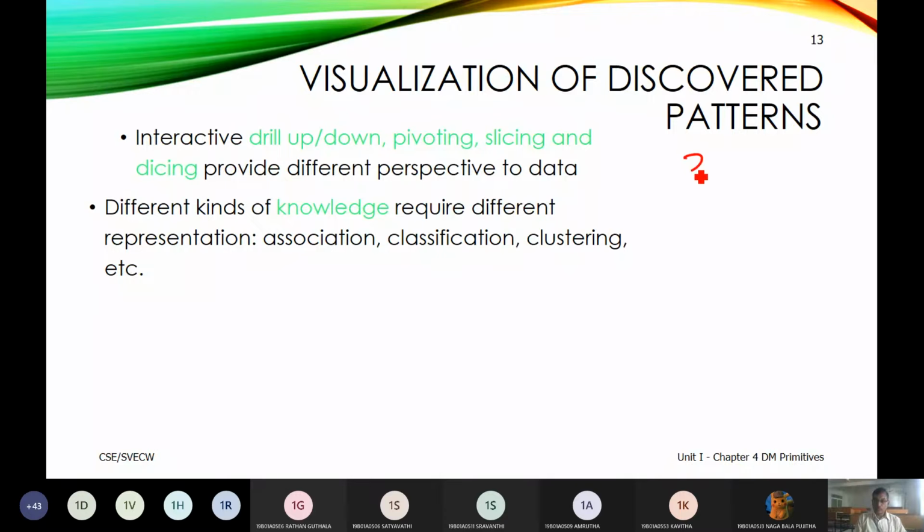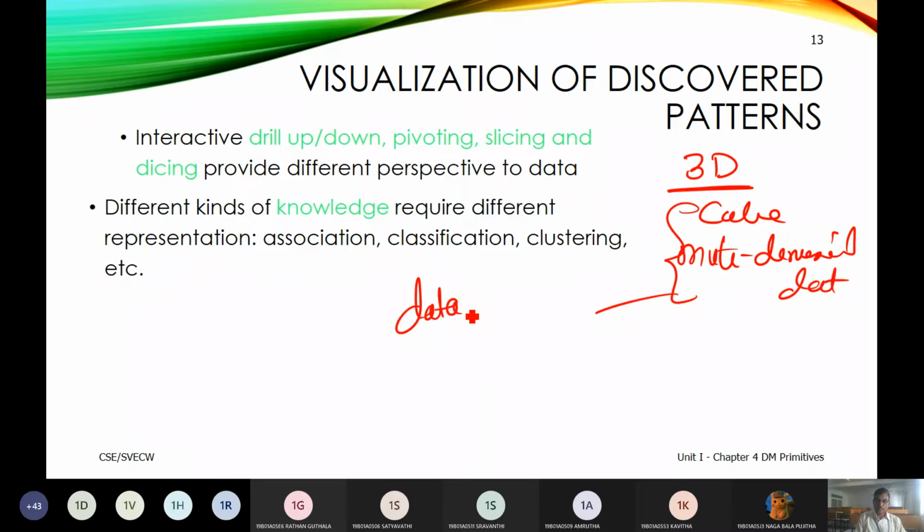Similarly, when we work with three-dimensional data, we call it a cube, or multi-dimensional data. This multi-dimensional data we are going to represent in a data warehouse.